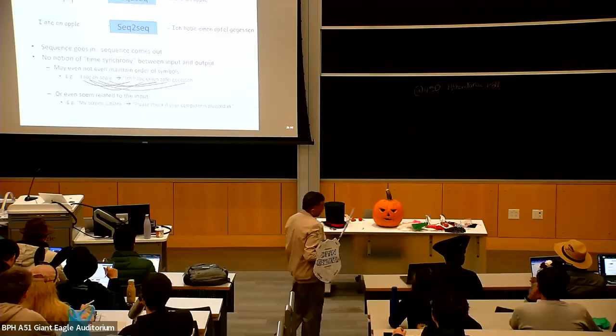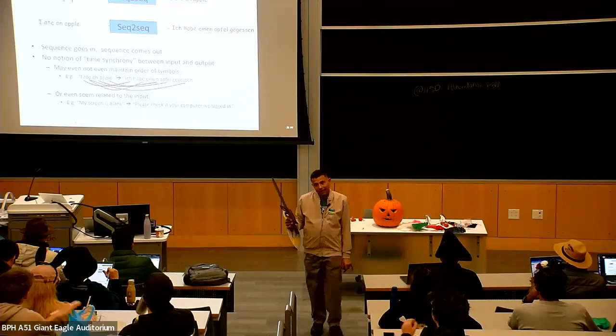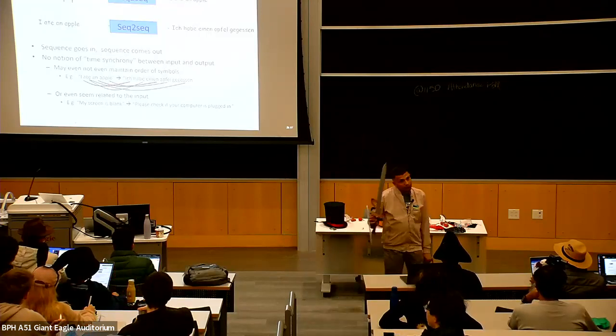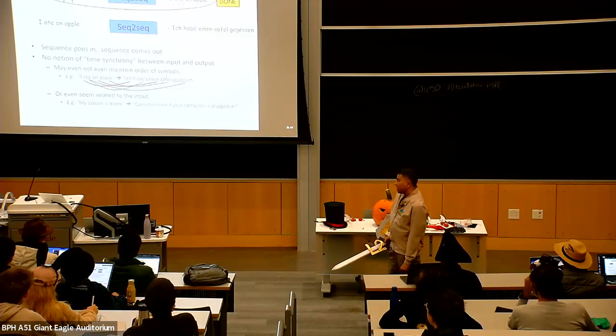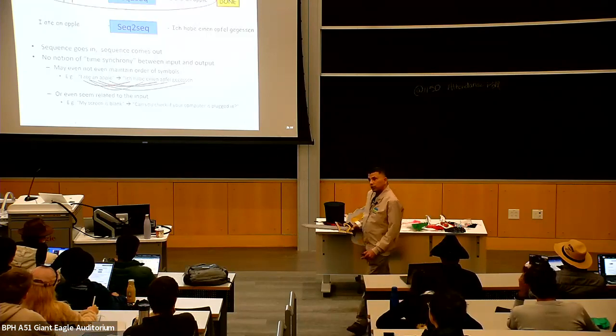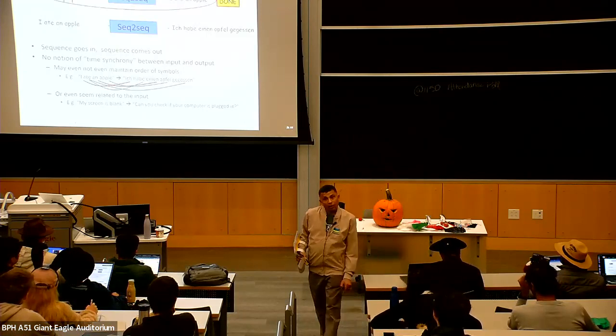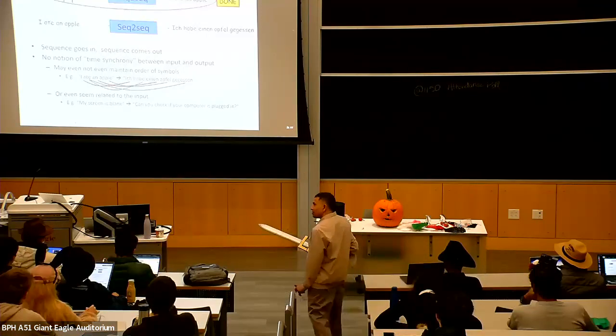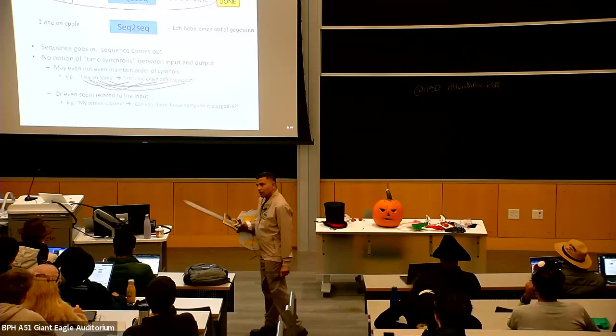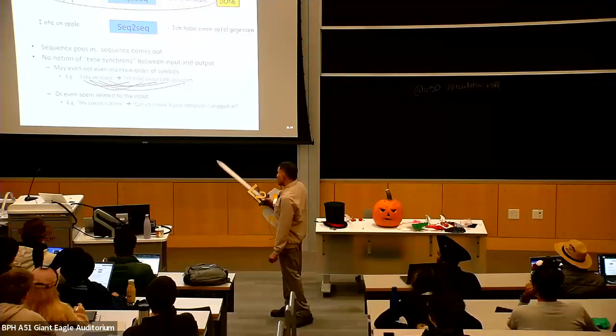There are a couple of variants that we can identify immediately. The first one is something we've dealt with already, which is the one on top, where the input and output are not the same length, but there is an order correspondence, meaning the first portion of the input corresponds to the first symbol coming out. The second portion of the input corresponds to the second symbol coming out, and so on.